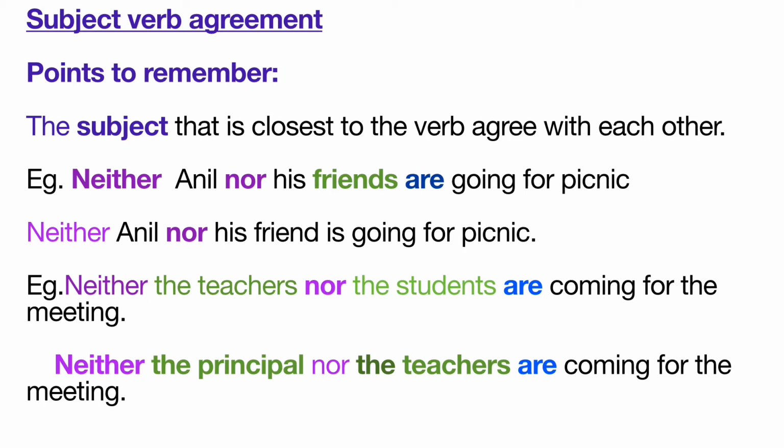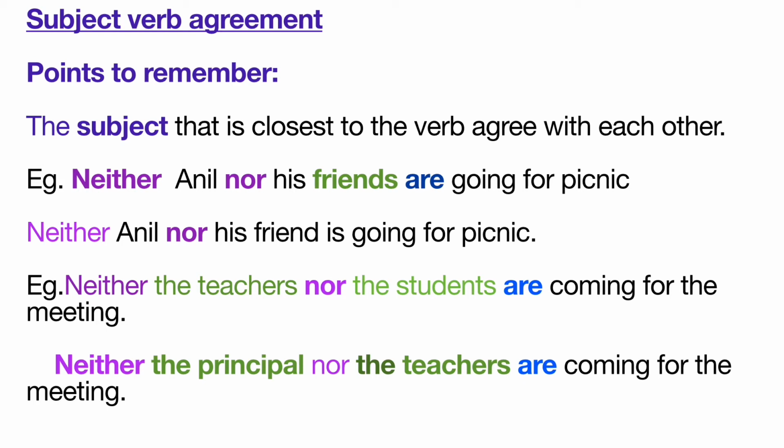Here are is a plural verb because the nearest subject is friends, a plural subject. Next example, neither Anil nor his friend is going for picnic. Here friend is singular, that's why is, the singular verb, is used.